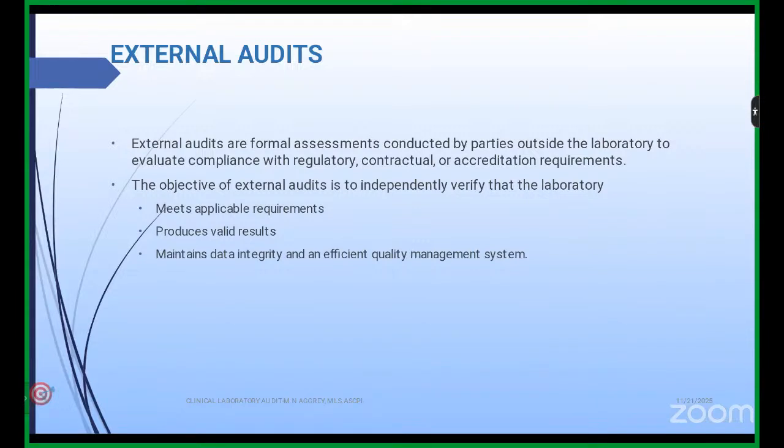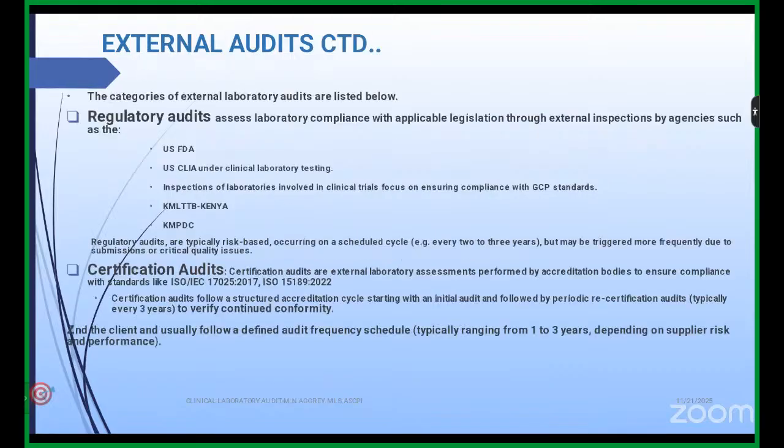The objective of external audit is to independently verify that the laboratory meets applicable requirements, provides valid results, maintains data integrity, and efficient quality management systems. External audits involve also regulatory audits.